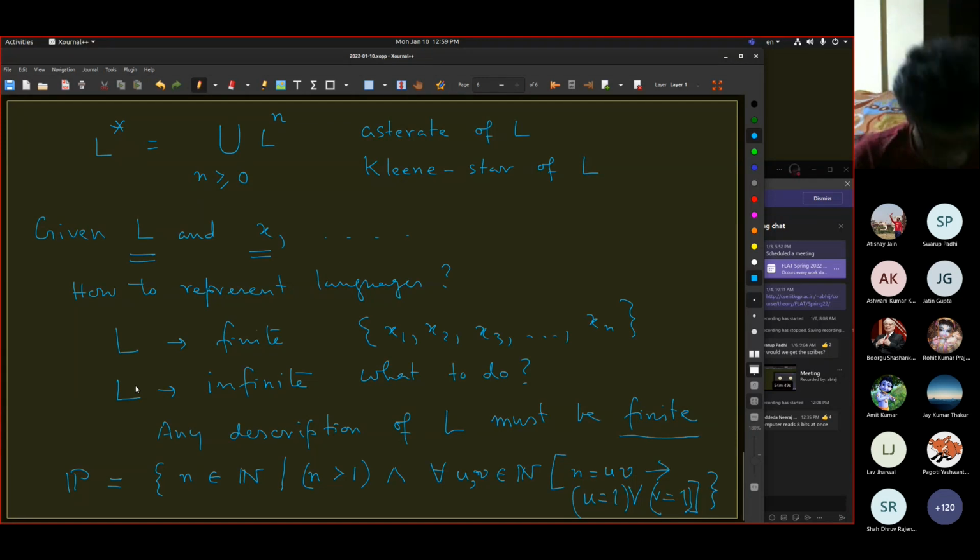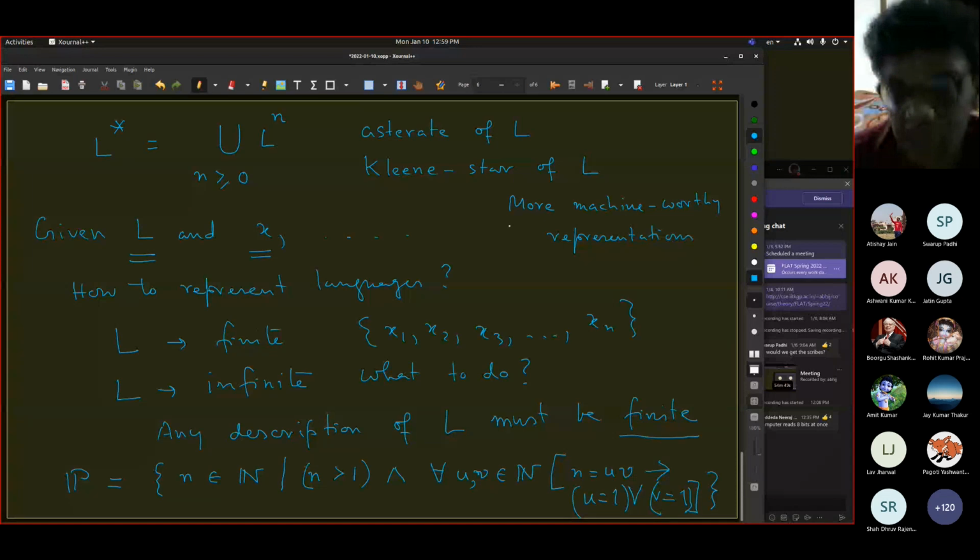So the next question is about more machine worthy representations. There are several ways of doing it.